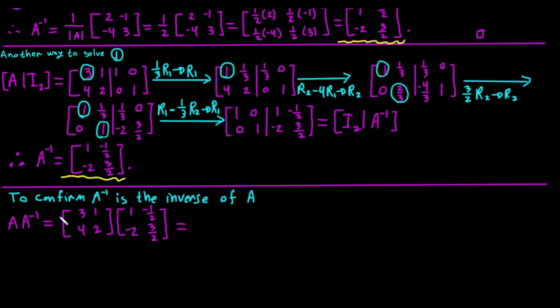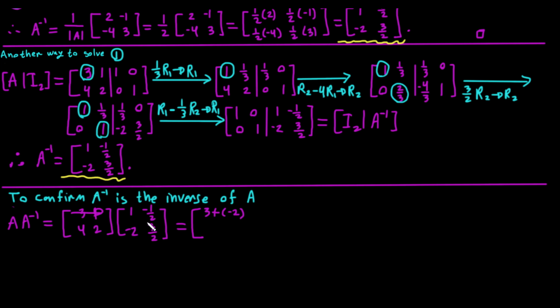Now let's multiply them. So this row by this column: 3 multiplied by 1, which is 3, plus 1 multiplied by negative 2, which is negative 2.